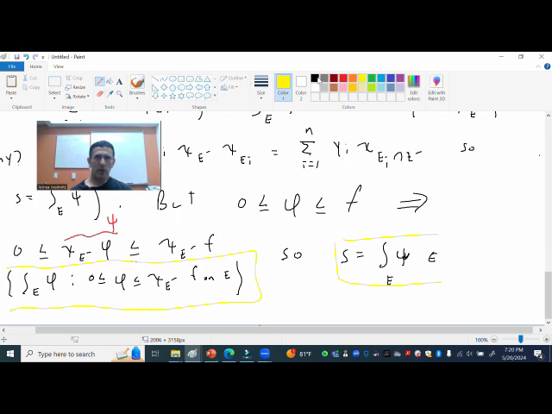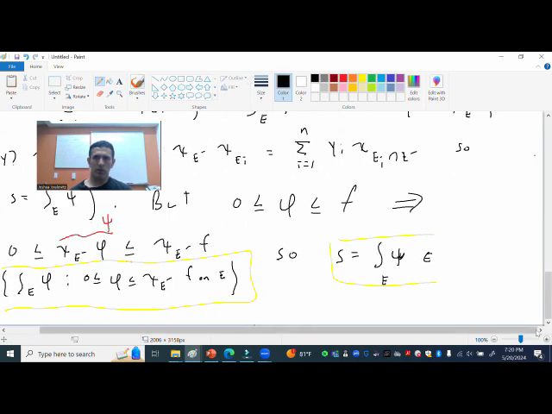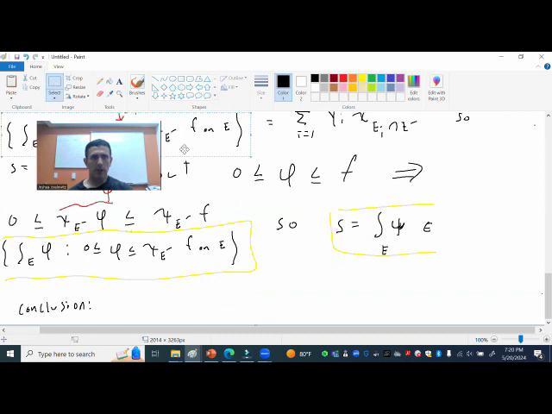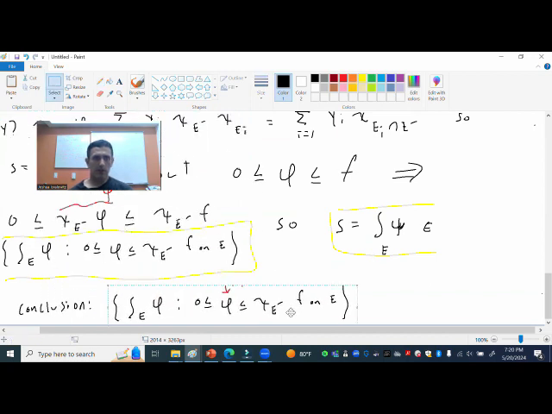All right, so the two sets are equal, and therefore we are done. So the conclusion is that this set here equals this set, and hence the supremums are equal.